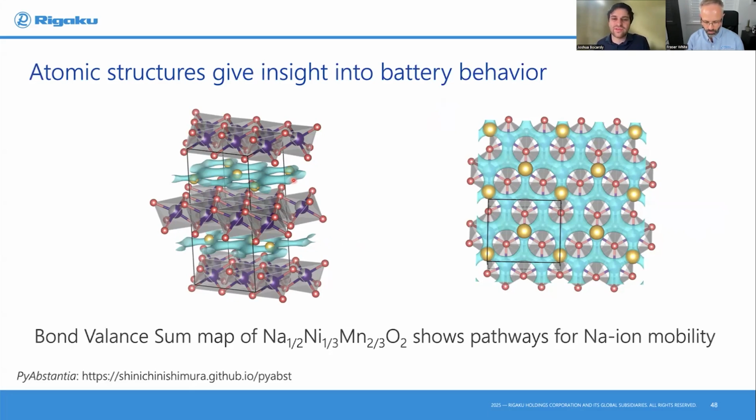And this can be taken as an indication of, if sodium is going to move through the structure, what's the pathway available to it? And so you can see that these sodium sites are connected by these nice pathways of areas that they can move through. And so we can analyze, for example, sodium ion conduction pathways now that we have a structure. All right. And I used PyEbstantia, a nice free Python package, to make these based on the CIF.